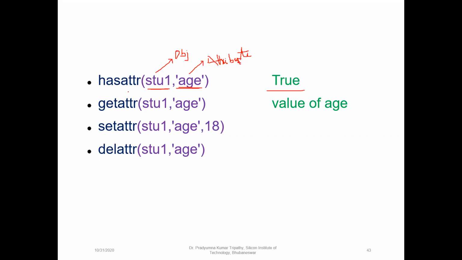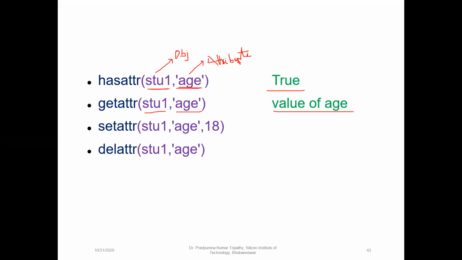Similarly, this is hasattr. getattr is: if age is present in student1, it returns the value of age. That is getattr. What does hasattr do? It checks whether it is an attribute or not.